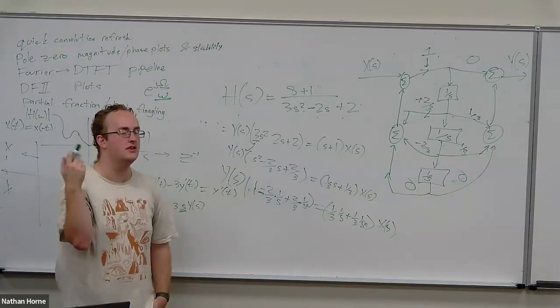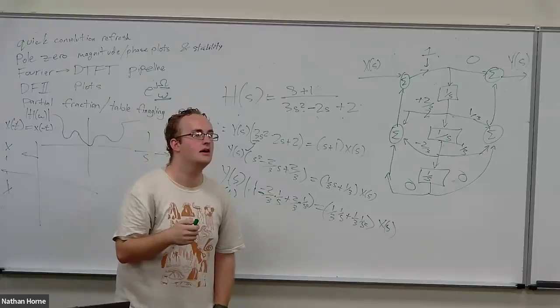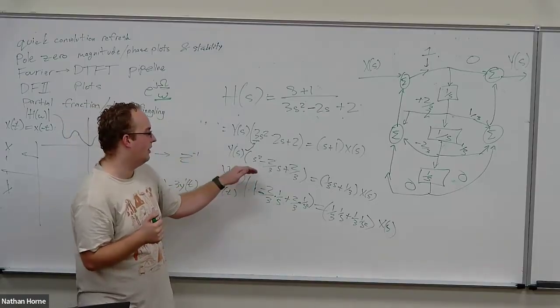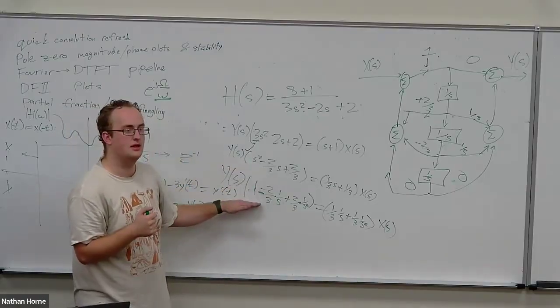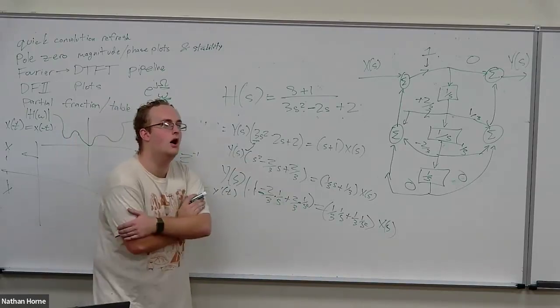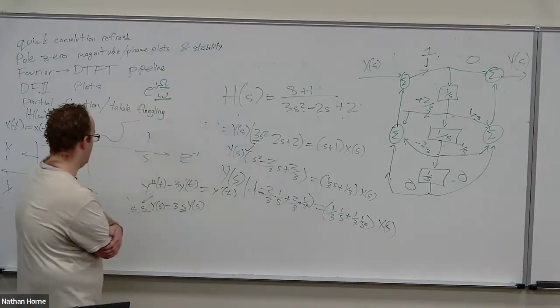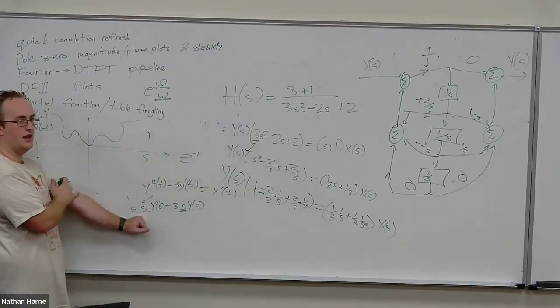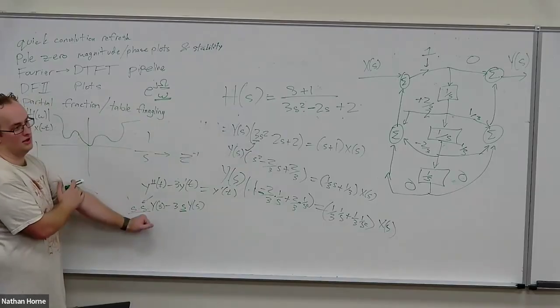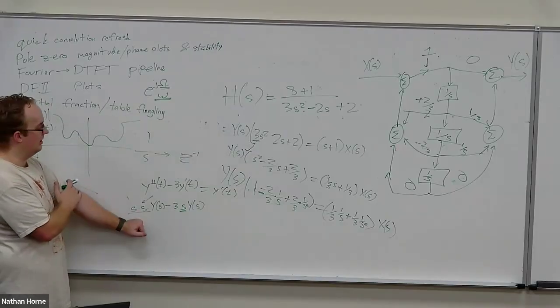Sorry, yeah? I thought you related that S to... So how I related this, say how I went from this line to this line? He was talking about the S in general, how it's like a derivative. Oh, yeah. So S is a derivative in Laplace land. And so a 1 over S is an integral. It's an integrator.